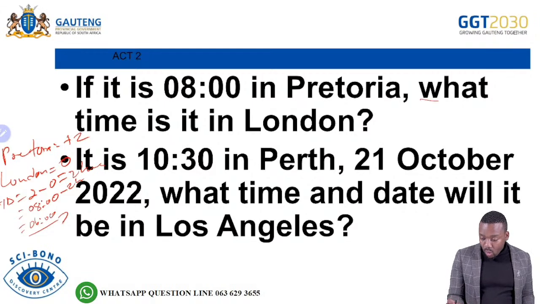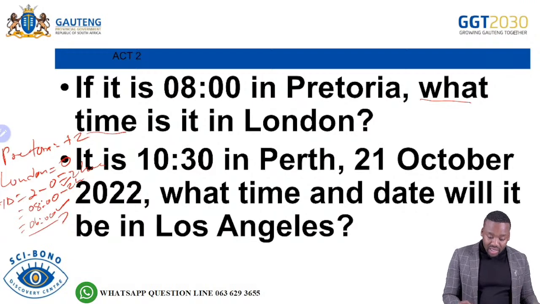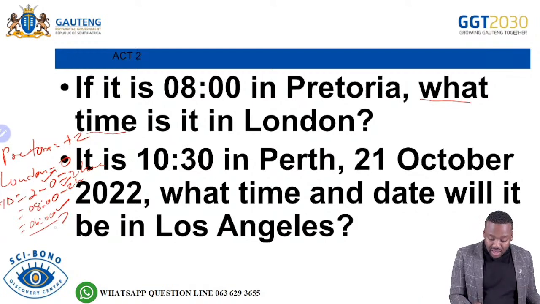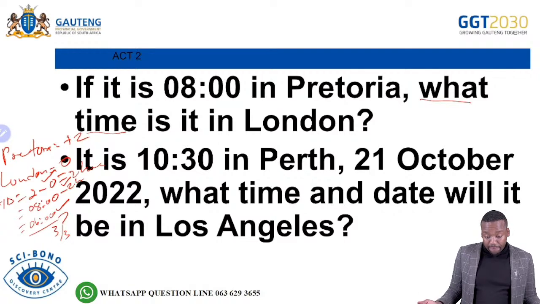The question was, what time? So the first mark is for the correct time, then the second mark, check where I'm awarding the ticks, is here, whether the learner knows that they are adding or subtracting, and then the third one is for the correct time difference. Then you will get 3 out of 3. Easy.